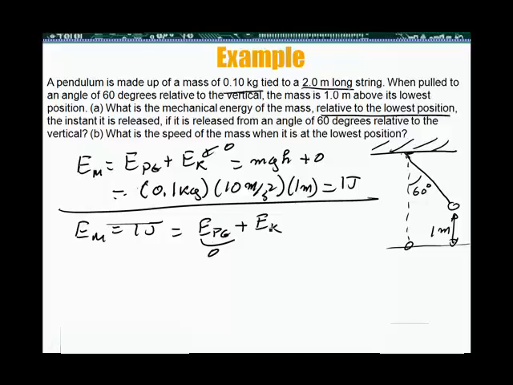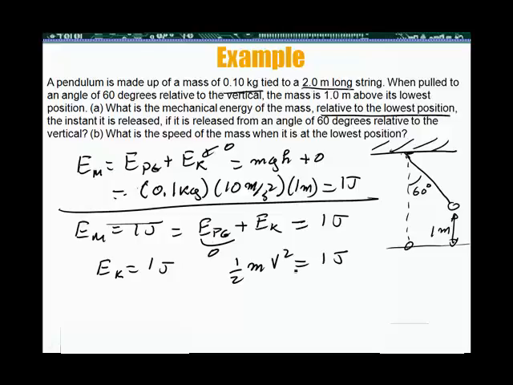And we are going to be left with just the kinetic energy. So my kinetic energy is equal to 1 joule. But EK is 1/2 of mv squared, which is equal to 1 joule.